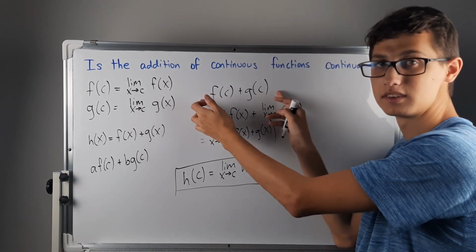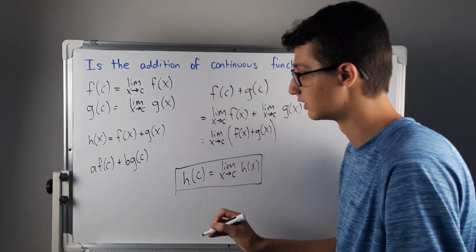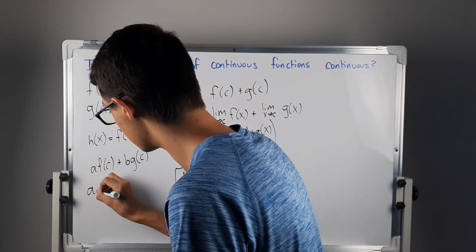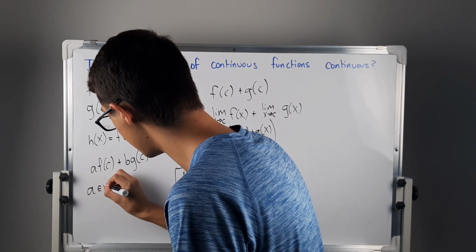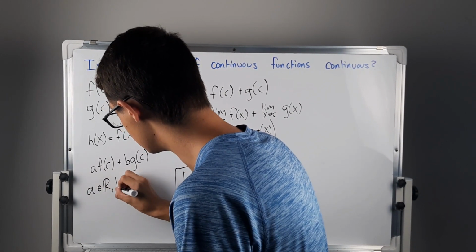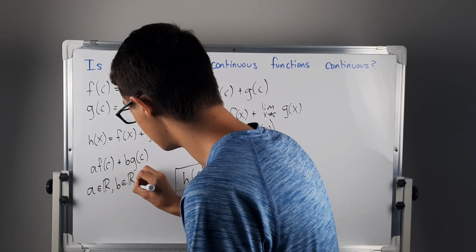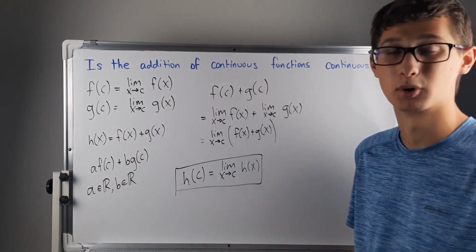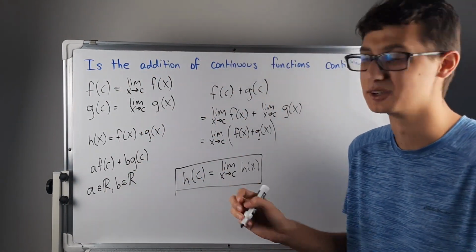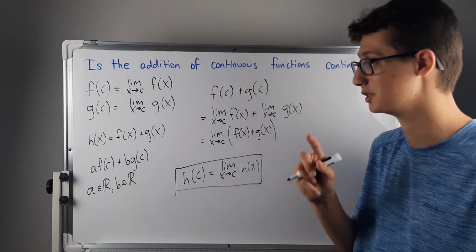So it's essentially the same as this, but with coefficients in front of them. I'm just going to say that a is a real number and b is also a real number. Just maybe not 0, because then that's kind of boring, but it totally technically could be 0, so I'm not going to make any exclusions.